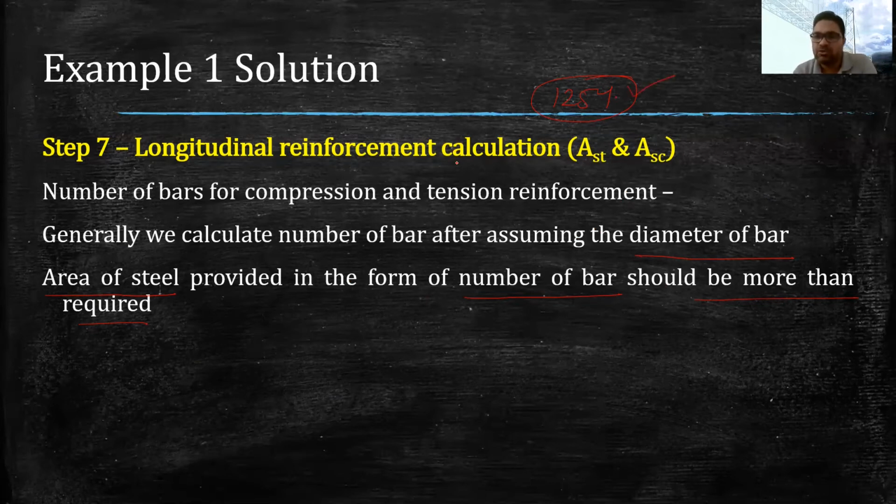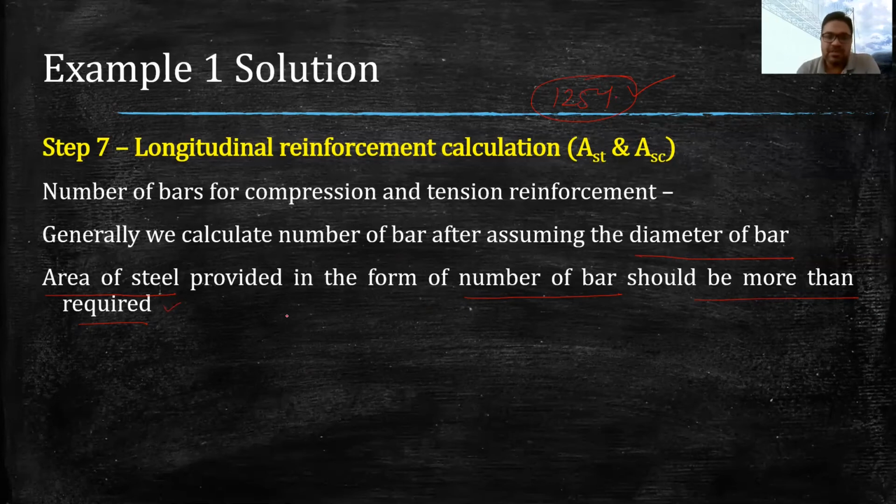So we should always take care that the area of reinforcement that we are providing in our beam in the form of bars should be more than the area of steel required. This is the thing we need to always consider while calculating the number of bars.